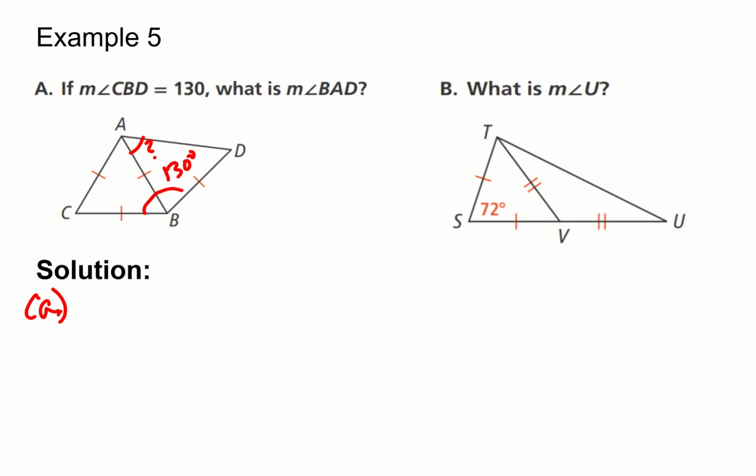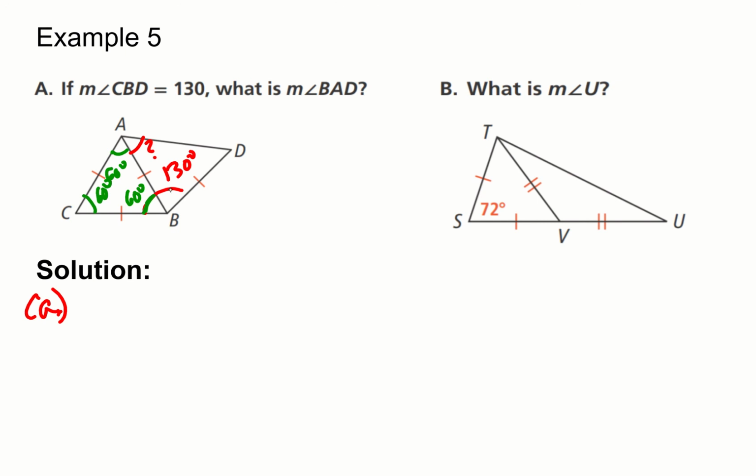Well, first off, we know that the angles in an equilateral triangle are all 60 degrees, right? So I know that this part of this angle is 60 degrees, and this is 60 degrees, and this is 60 degrees, because that's an equilateral triangle or an equiangular triangle.